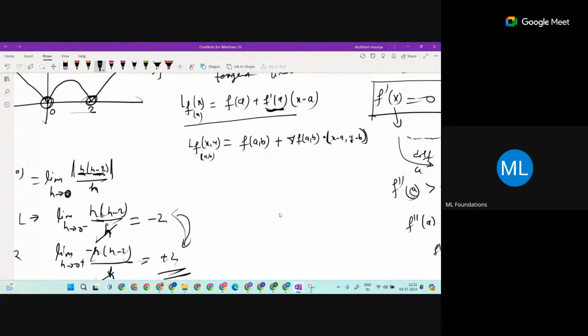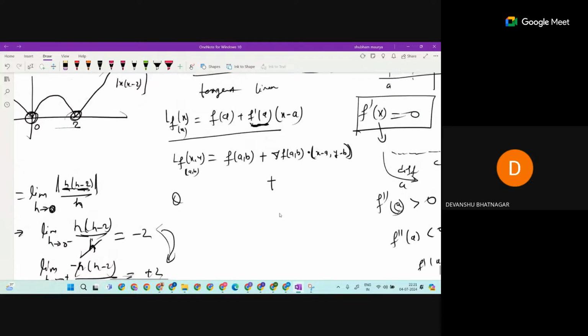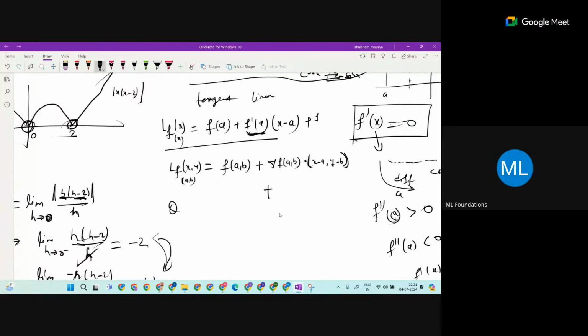If somebody asks for the quadratic approximation, it is the same; you have to go to the second order. After the same linear term, we add the double derivative at a divided by factorial 2, times (x minus a) squared. This is the quadratic approximation.